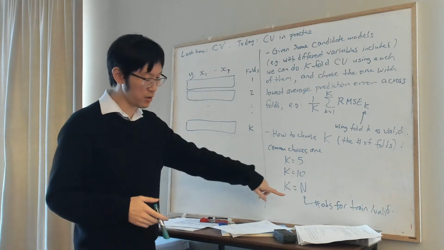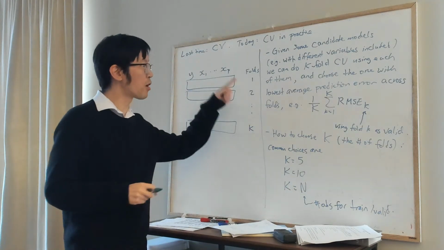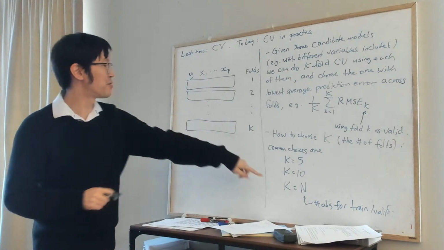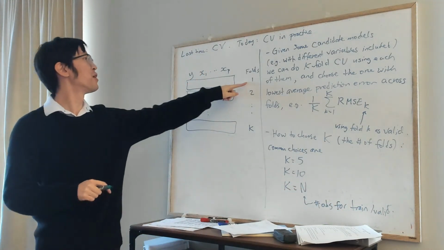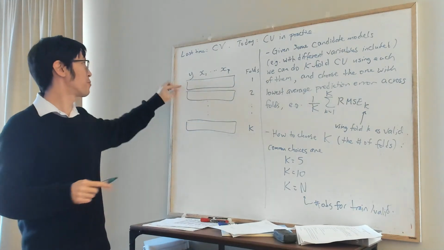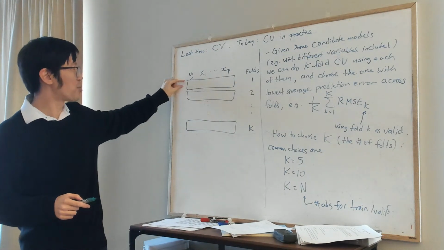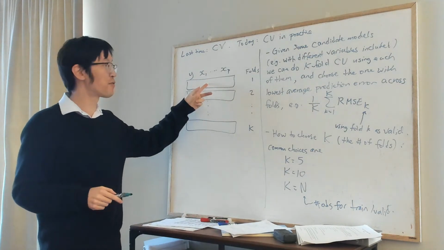This case of taking n folds means that each fold has exactly one observation. So our validation sample for that particular fold only has one observation, the one that we left out. Here the validation set is just one observation.